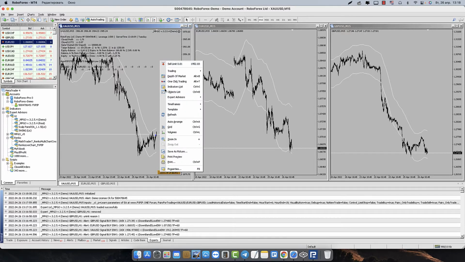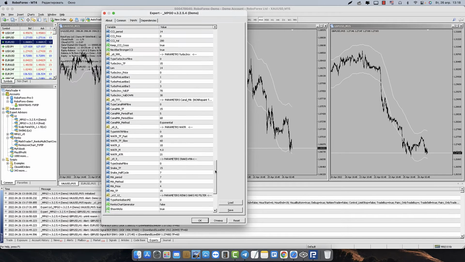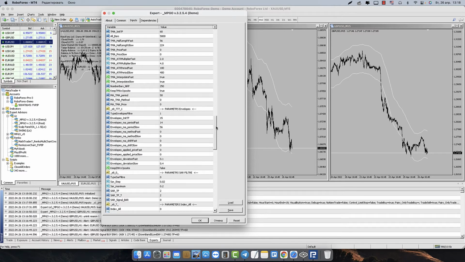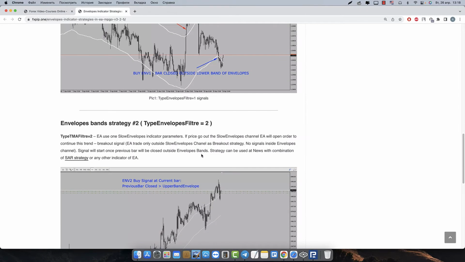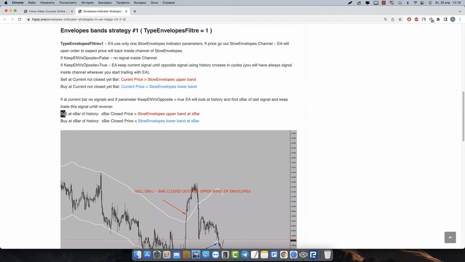But once we attach like this, with keep envelope X opposite true, in this case the robot will search. If at the current bar there are no signals, and we make it true, the robot will look at history to find previous crosses and keep those signals until an opposite signal.